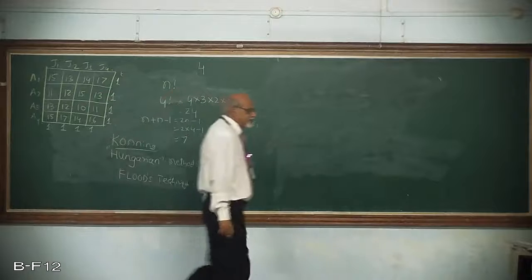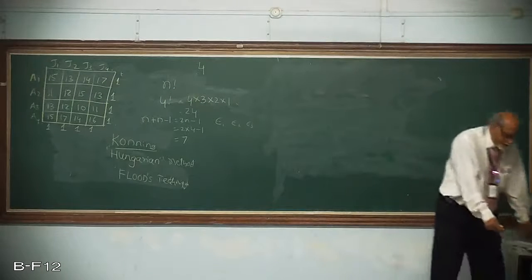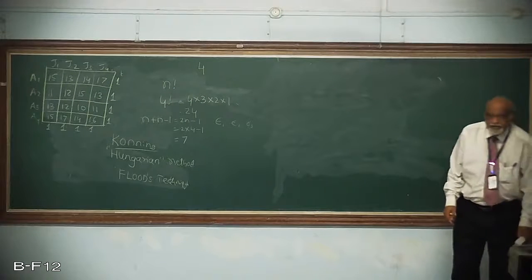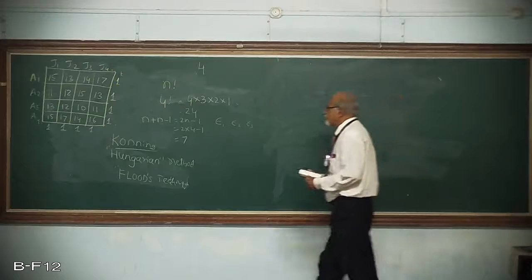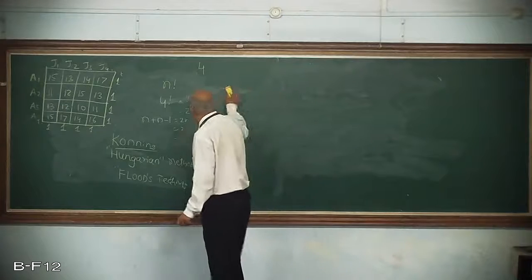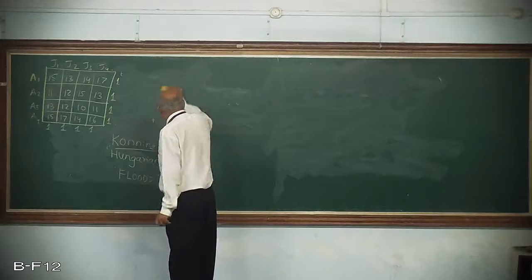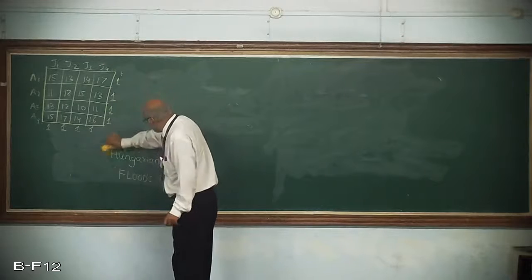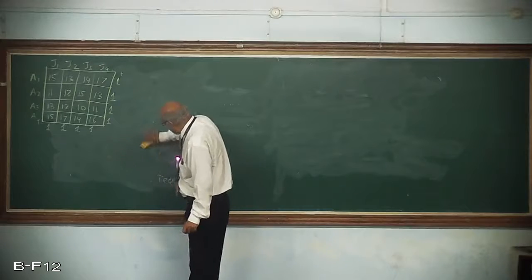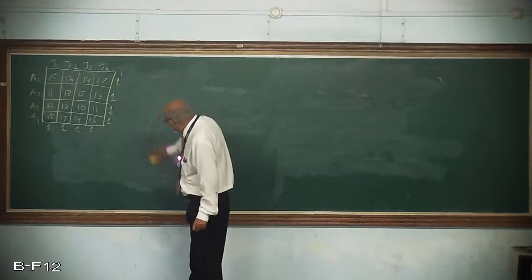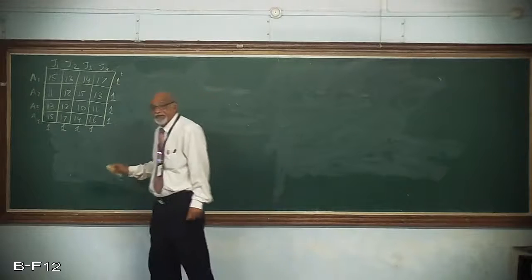Let us see what those premises are before actually going for the method itself. Before I explain the method, I want to just mention the two theorems, the two premises on which this technique is based.